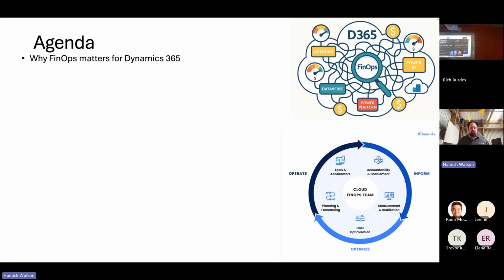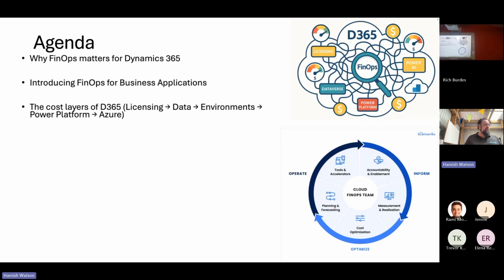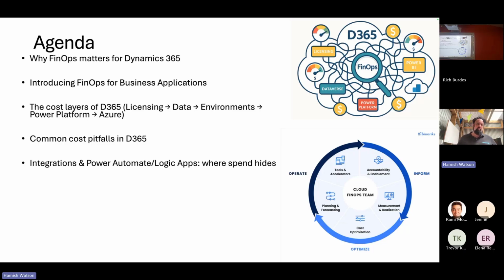What I'm going to do today is talk about why FinOps matters for D365, introducing it for business apps, the cost layers, licensing, all that kind of stuff, some common cost pitfalls, where our spend might hide, and Power Automate, Logic Apps, and all that. Then some cost control strategies, Power BI and Fabric.